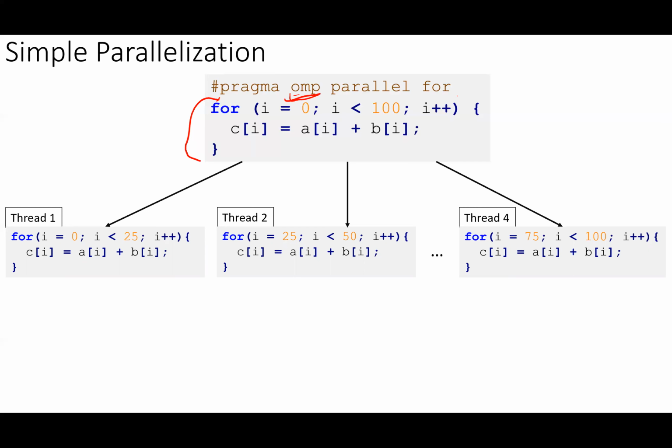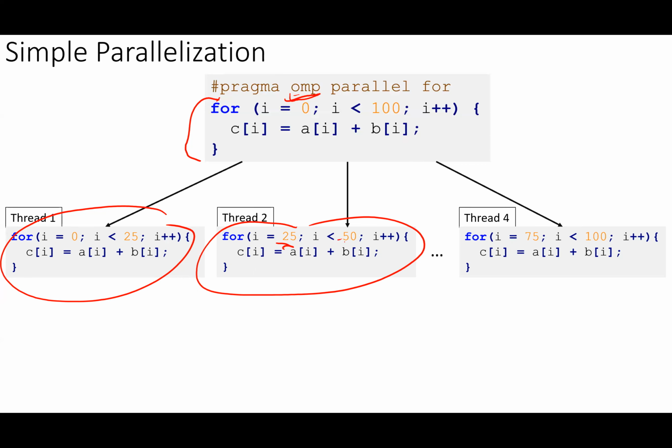We'll split this for loop into 4 pieces. It will send the first quarter to the first thread, the second quarter, from index 25 to 50, to the second thread. There's a third thread I'm not showing, and the last one will get the work from 75 to 100. So this one pragma did quite a bit of work for us: figure out how many cores there are, and split up the work of the for loop that comes after.